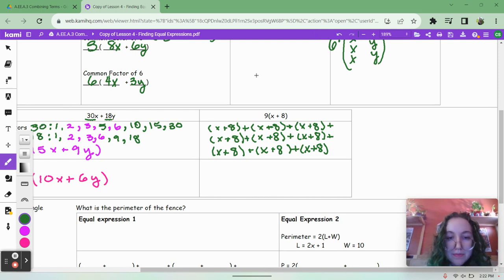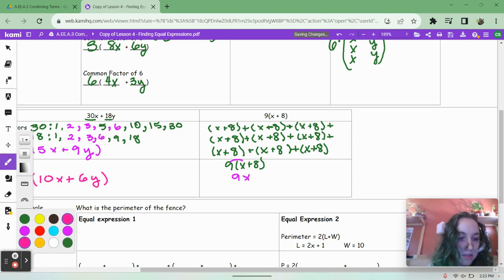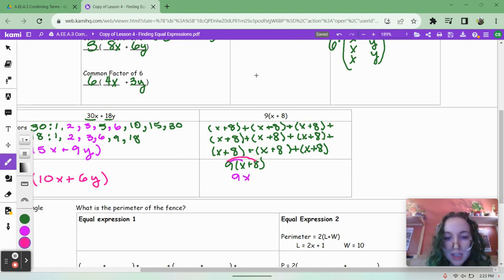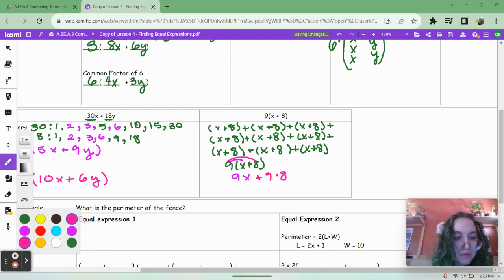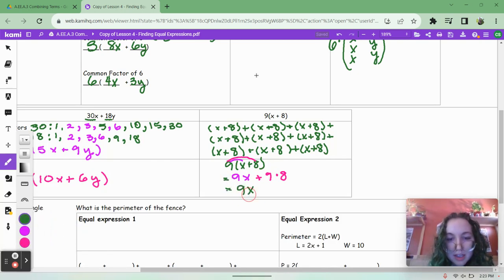Another way that we could think about that is I have 9 times the quantity x plus 8, and I can multiply that 9 by the x, and then distribute the 9 to the 8 and get 9 times 8. That all simplifies down to 9x plus 72. 9x can't be simplified anymore, and 9 times 8 is 72. So there's 3 equivalent expressions. This is the most simplified version of it, though.